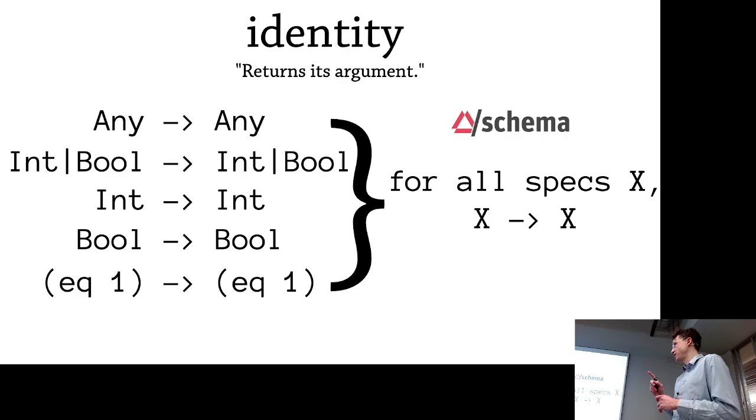One of the coolest things I learned during my PhD was this little trick. When you look at a type like this, a spec like this, if you count the number of arrows the variable is to the left of, if it's odd, it's an input, and if it's even, it's an output.